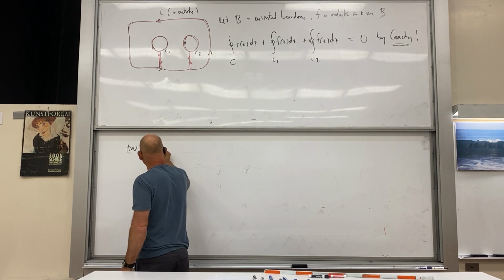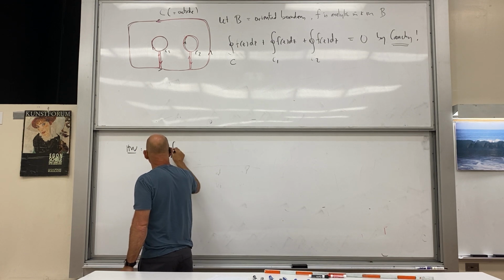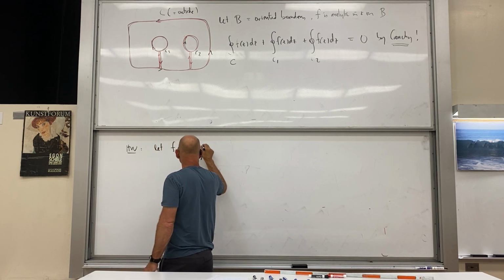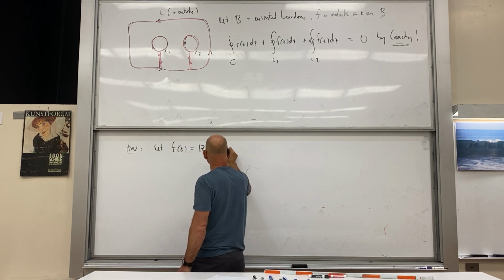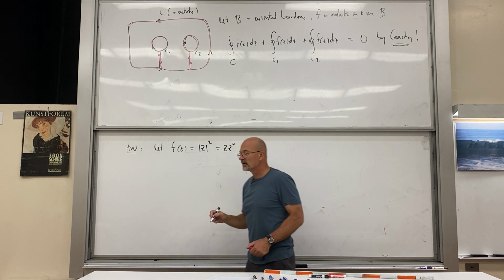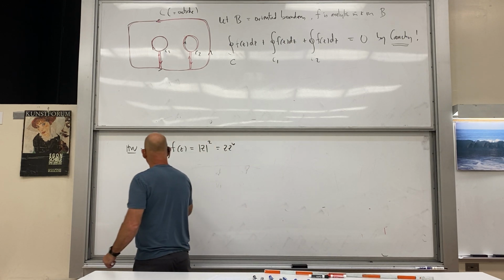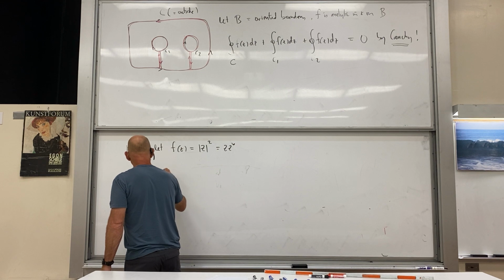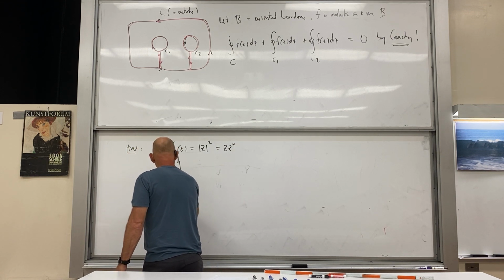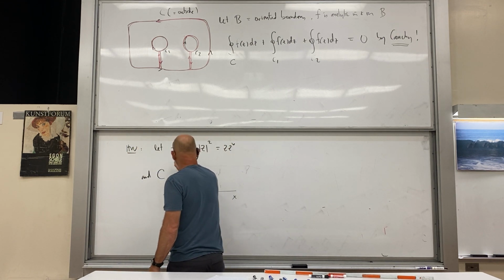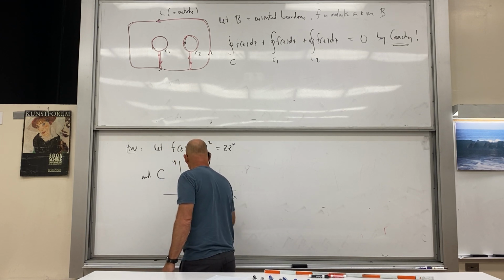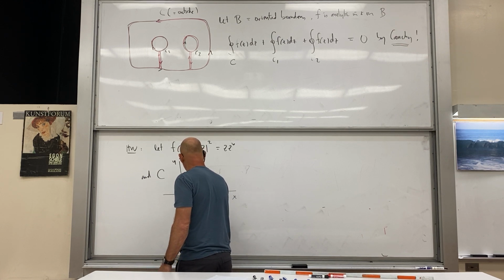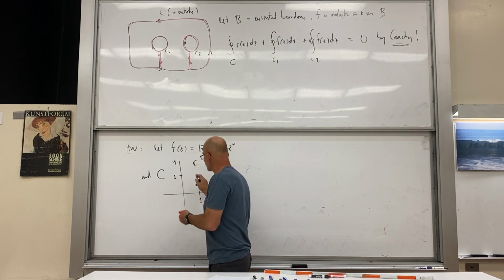So calculate, let f of z equal z absolute value squared, right, which is z star. And our contour C, we're just going to go around, let's make this a little smaller. 1, this is 1, this is 1, this is the square.